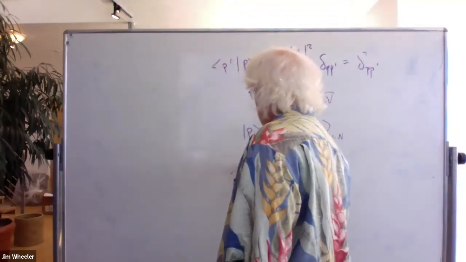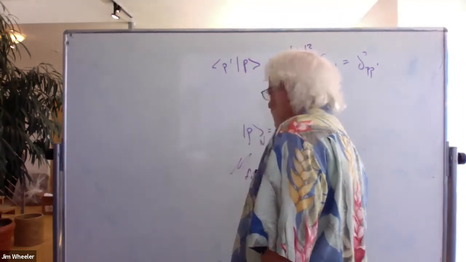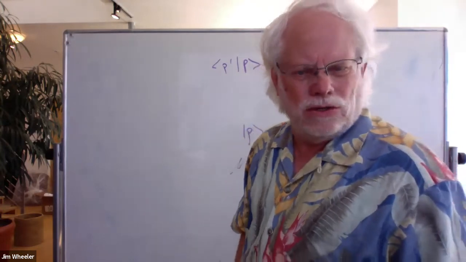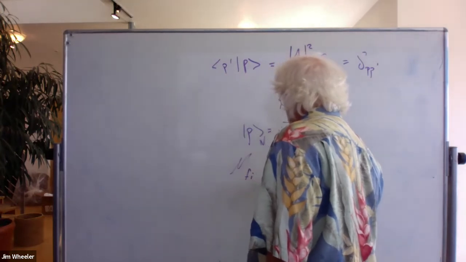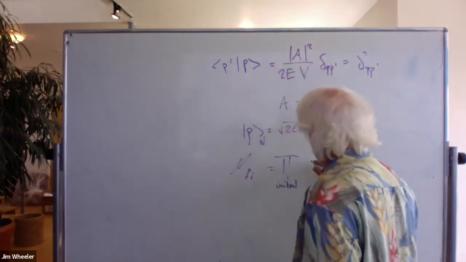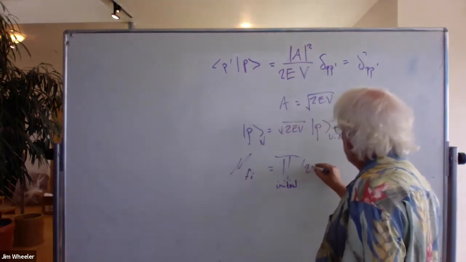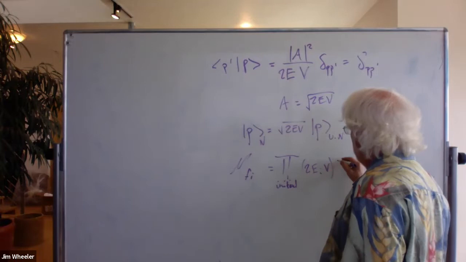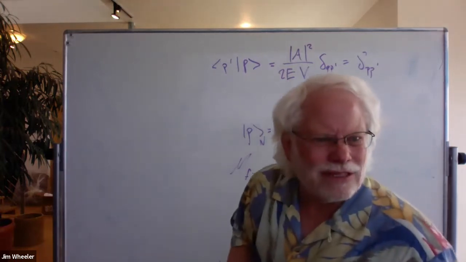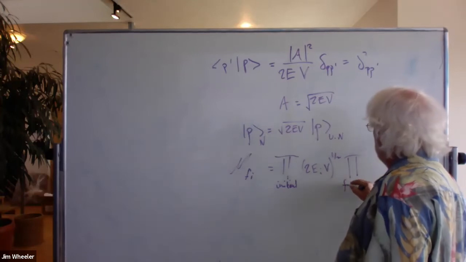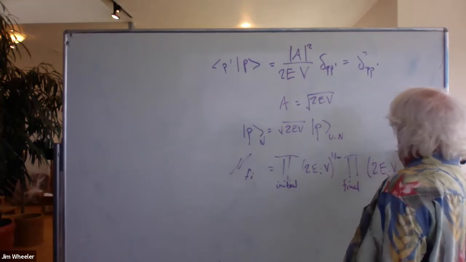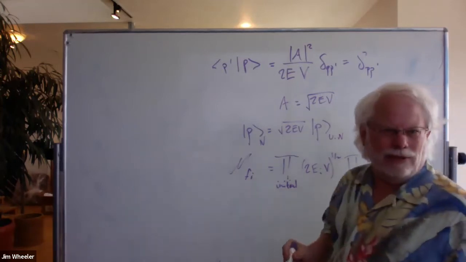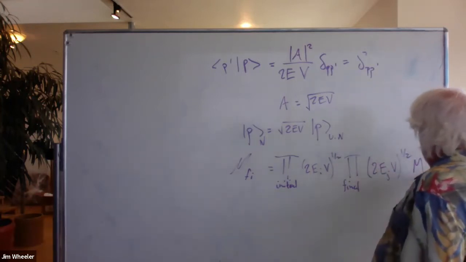So we have a relativistic matrix element that's the product over initial momenta with a 2E_iV to the 1/2. Do I have this the right way? Yeah. And then a product over the final, and let's call that 2E_jV to the 1/2. And then we have the matrix element in terms of the unnormalized momenta there.